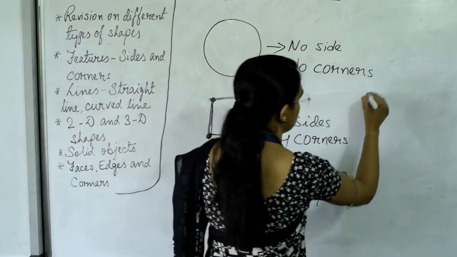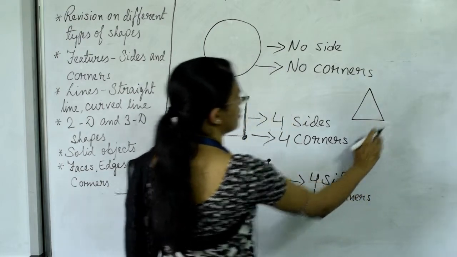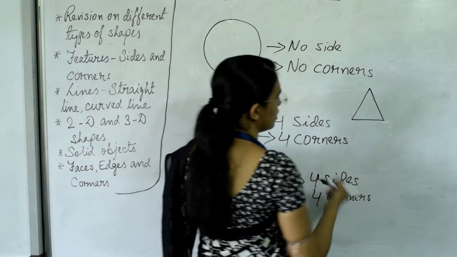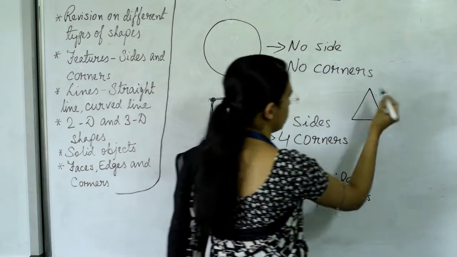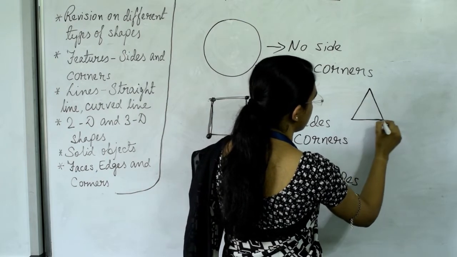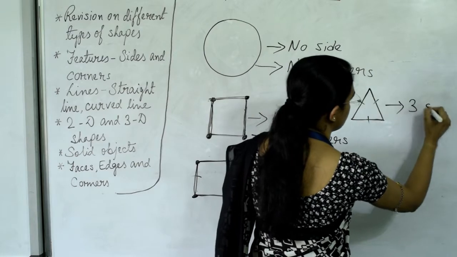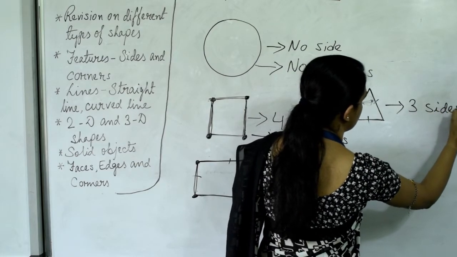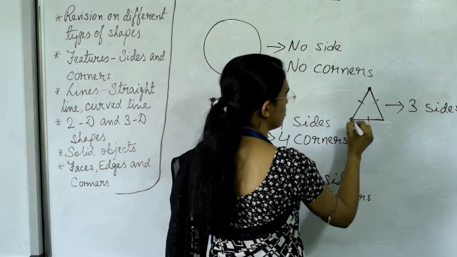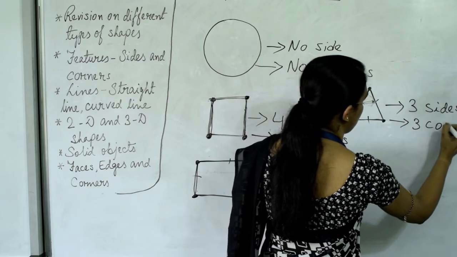Now what is this? This is a triangle. How many corners and how many sides does triangle have? Let's find out. 1, 2, 3. 3 sides. And how many corners or vertex? 1, 2, 3. 3 corners.